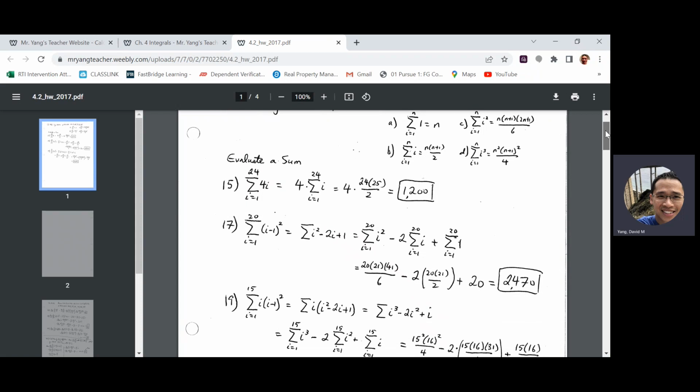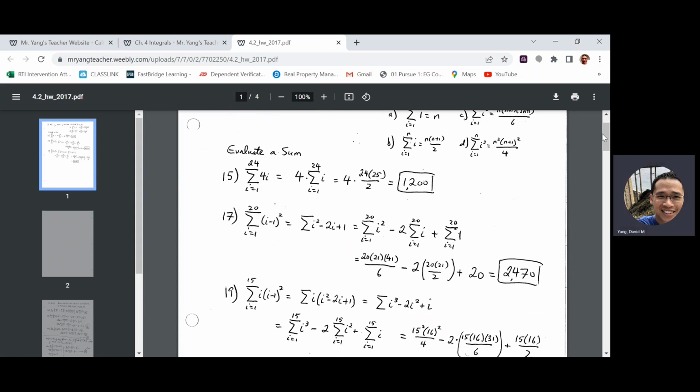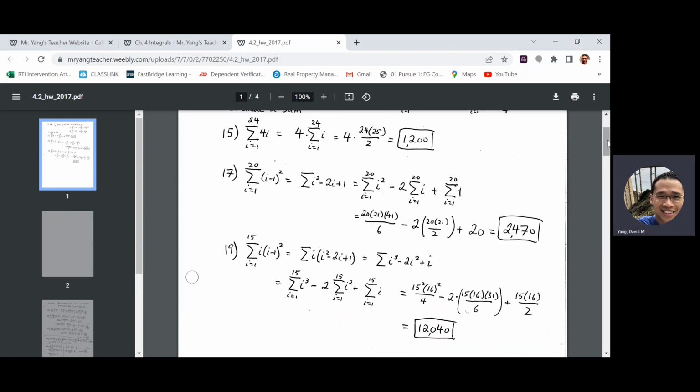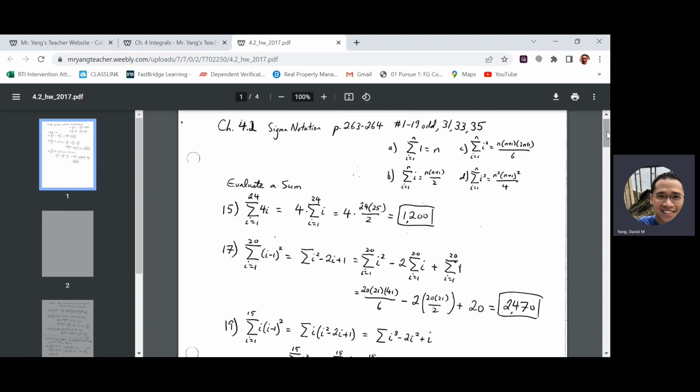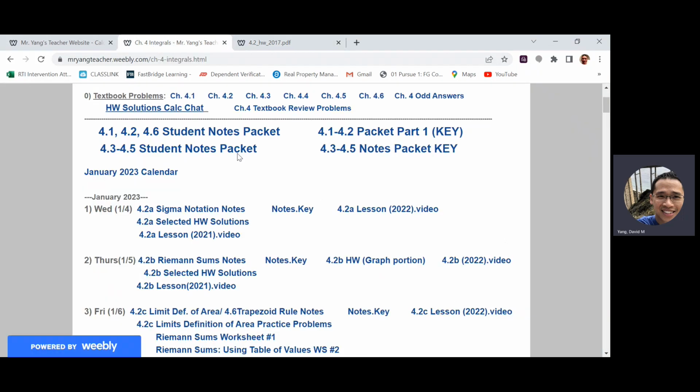Some of the problems that I find more challenging, I worked out. Sometimes that looks a little bit different than the way CalChat works it out. So make sure you have all those resources if you're stuck on your homework problems.